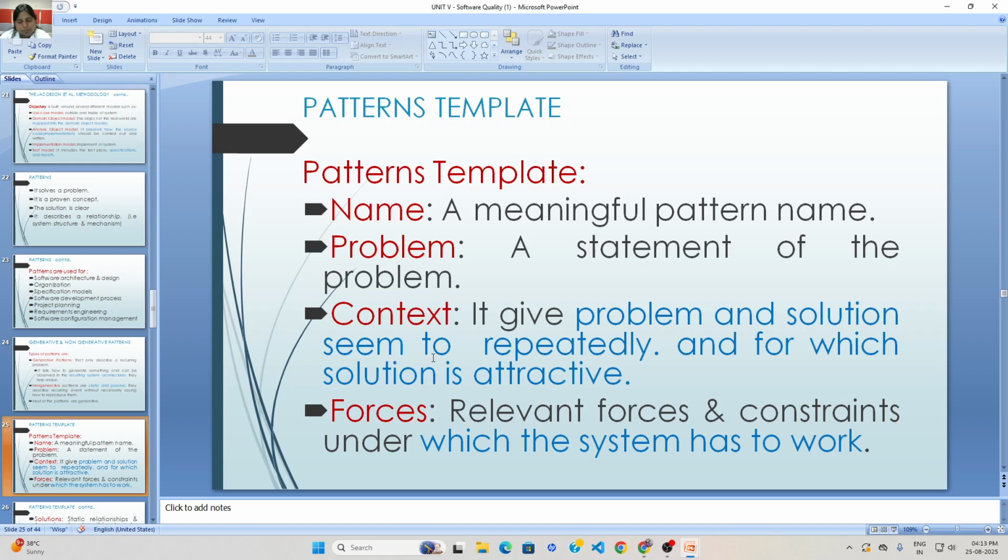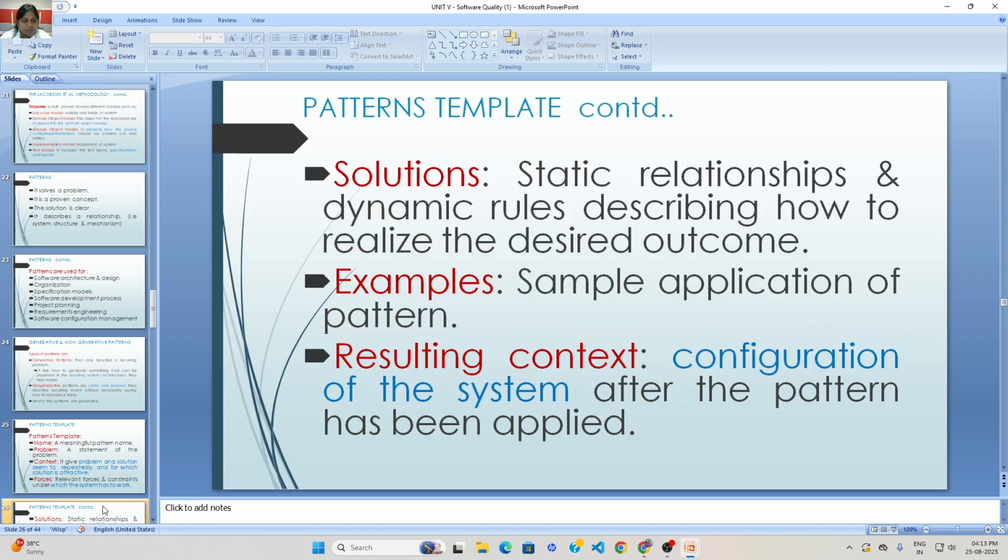And context is where the problem and solution seem to occur repeatedly, and for which the solution is attractive. Forces, relevant forces are constraints under which the system has to work. So solutions should represent the relationship and dynamic rules describing how they realize the described outcome. Example, sample application of the pattern.